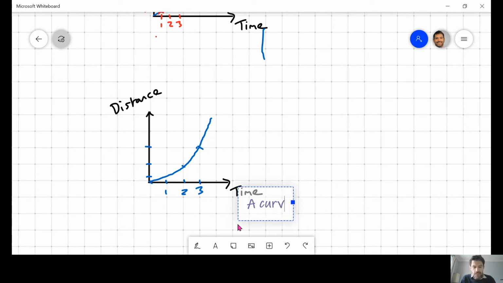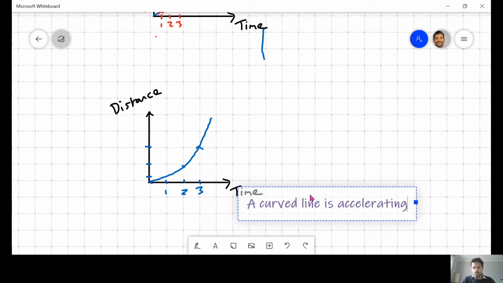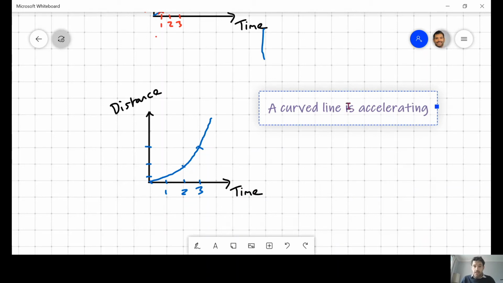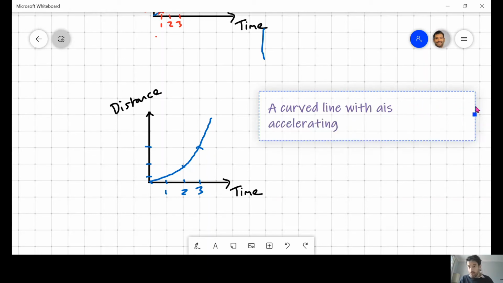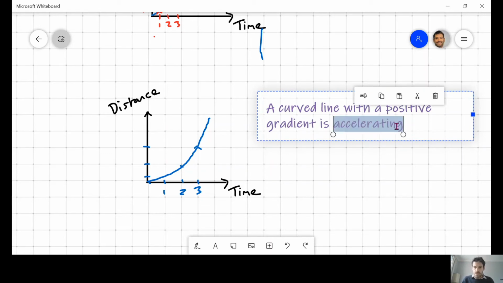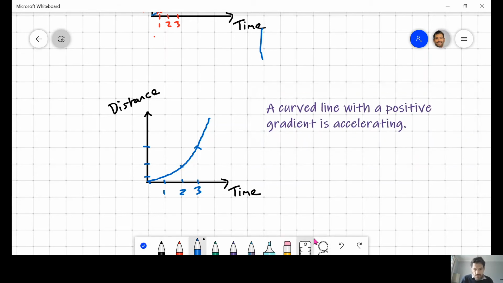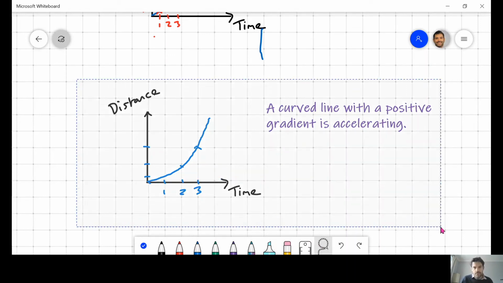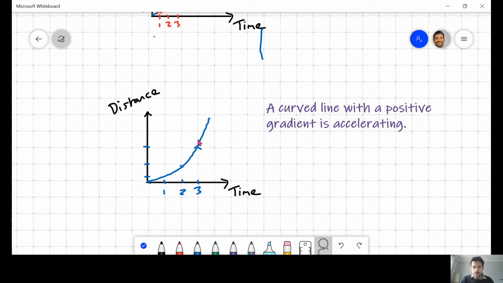I don't know that I like the word curved. We should say a curved line with a positive gradient.